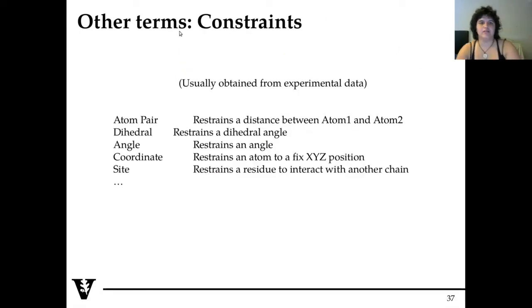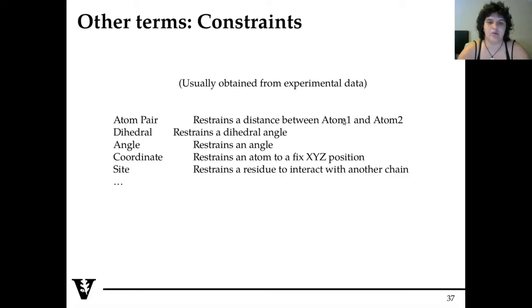Then other things that we want to implement in the score function are the constraints. So usually we have experimental data that tell us, for example, we know these two atoms are at this exact distance, and we want to include this information in the calculation that Rosetta does. So what we can do is use these constraints, which are sometimes referred to as restraints.